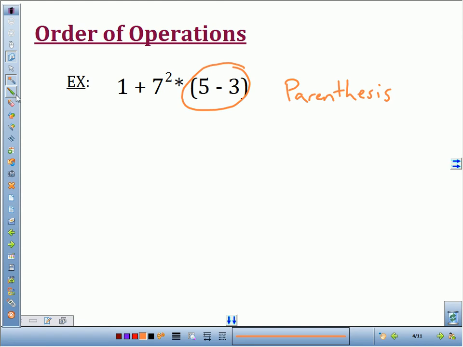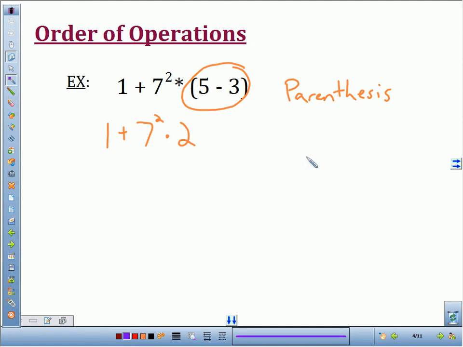So what we do is we say, all right, I'm not changing anything else. I'm still going to have 1 plus 7 squared times 5 minus 3. Inside the parentheses is 2. So it will be 1 plus 7 squared times 2. That is all of our parentheses taken care of.